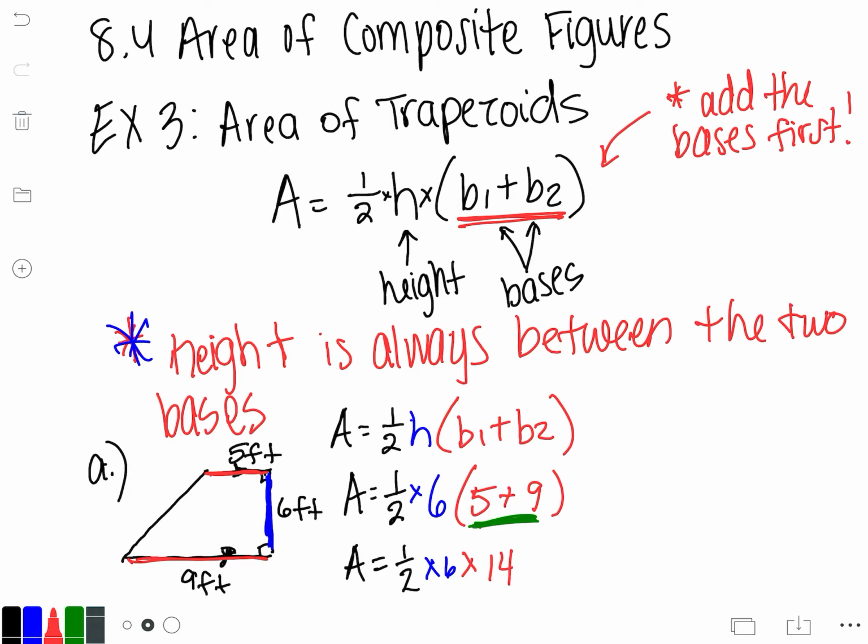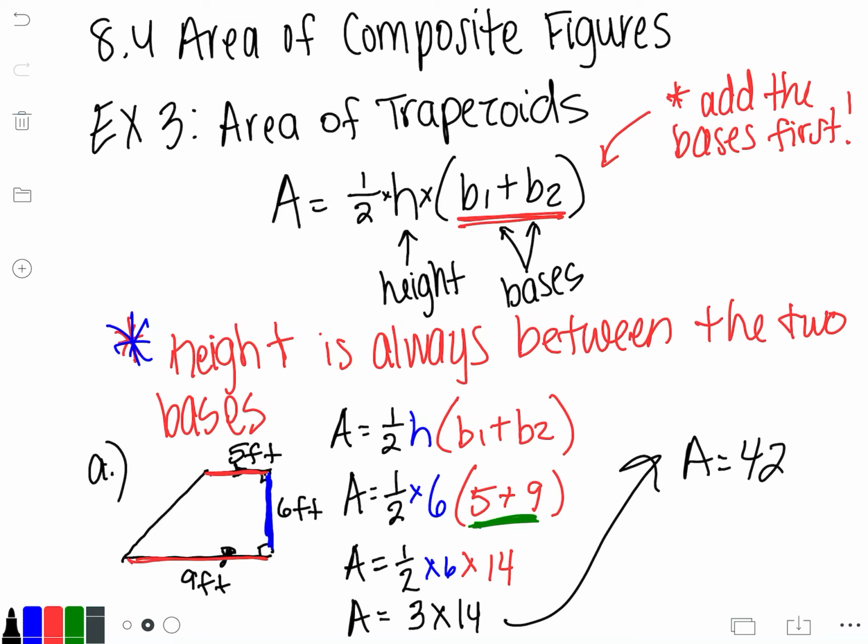And now it doesn't matter which order you perform this in. I'm going to do 1/2 of 6 first. I'm going to go from left to right. So 1/2 times 6, that's the same thing as 6 divided by 2. 1/2 of 6 is 3. And then finally, my last step is 3 times 14, which is 42.